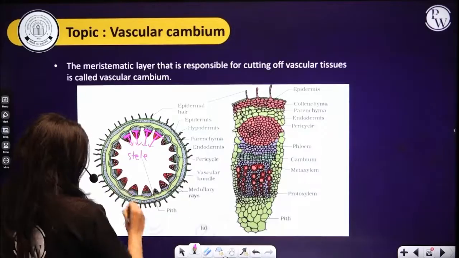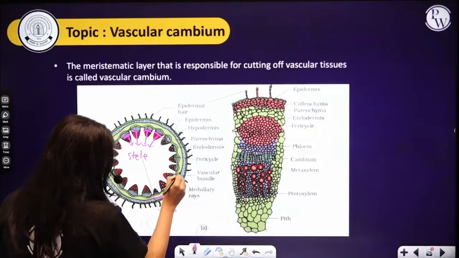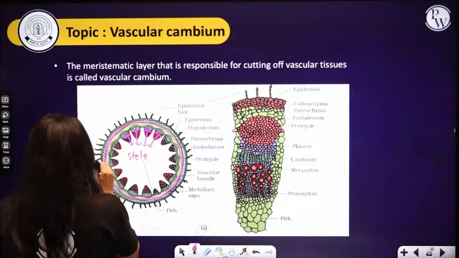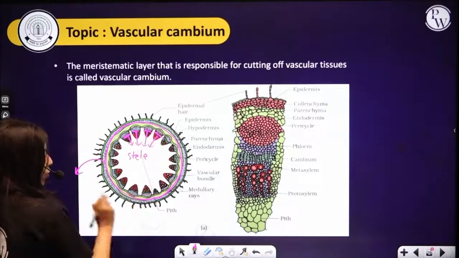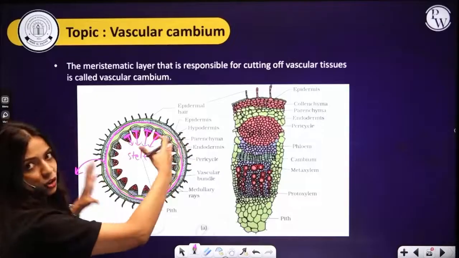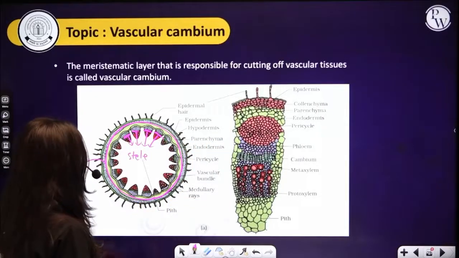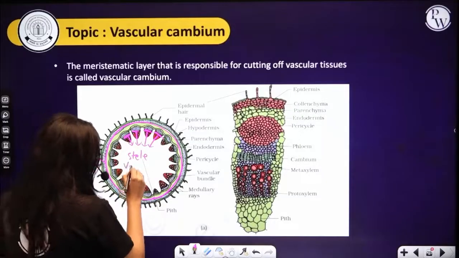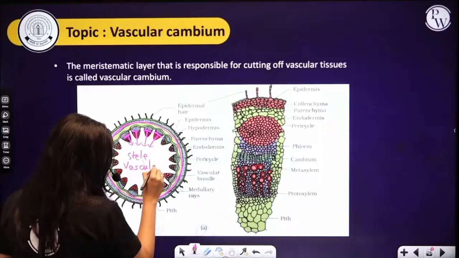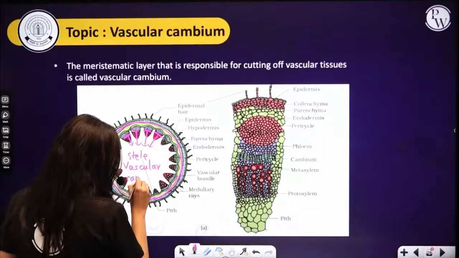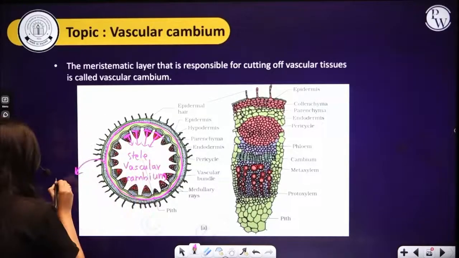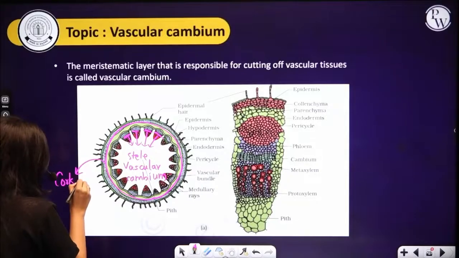Also, a cambium will form in the cortex region, and because of the activity of that also, increase in girth or secondary growth will take place. The cambium that is present within the stele is called the vascular cambium, and the cambium that is present in the cortex is called the cork cambium.